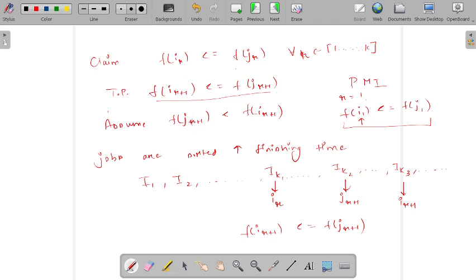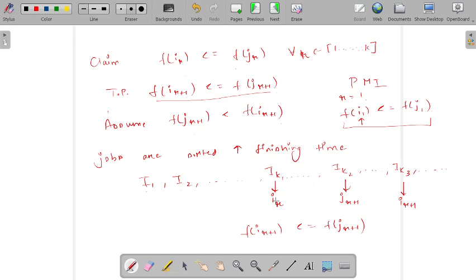We say suppose it is not true, that means f of J(R plus 1) is less than f of I(R plus 1). Now, these are the intervals sorted in increasing order of their finishing times: I1, I2, up to IK1, up to IK2, and so on up to IK3.